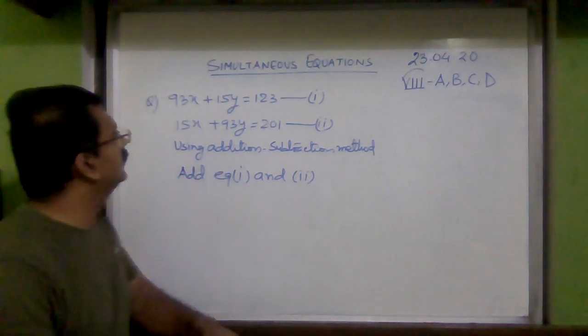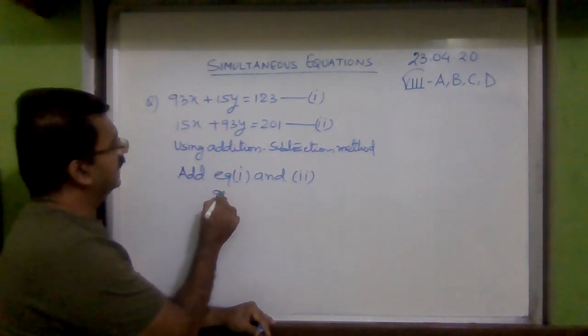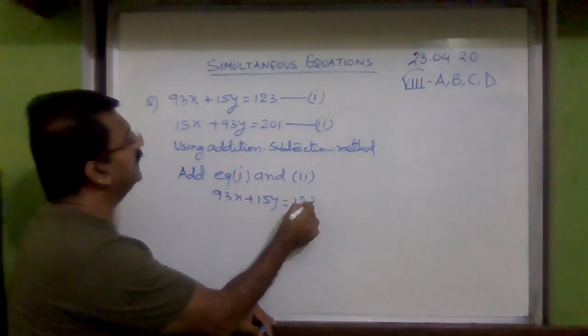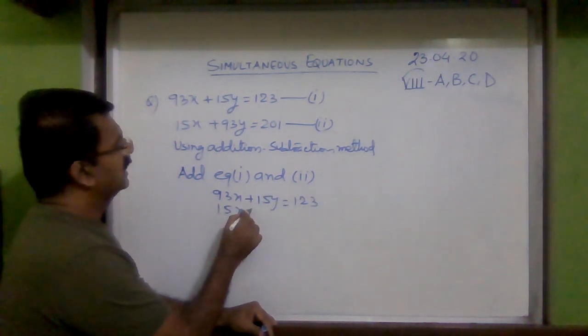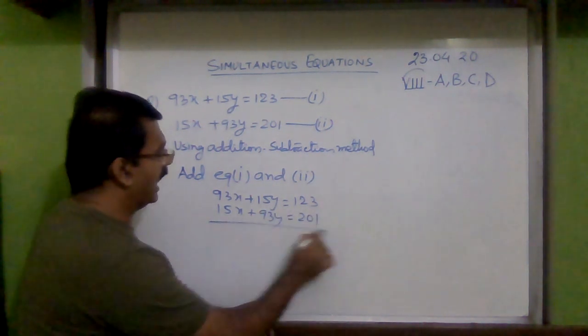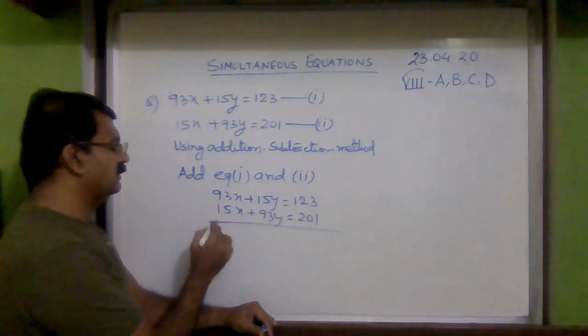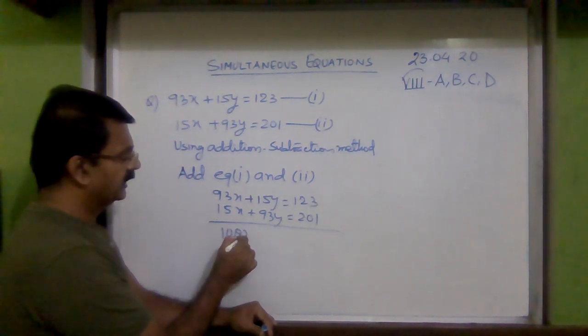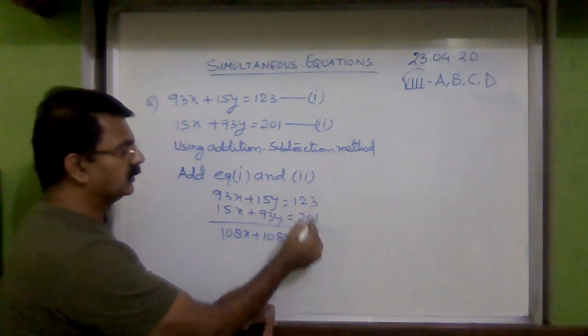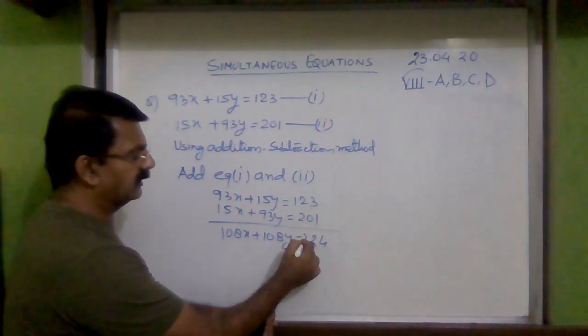When you add the two equations, 93x plus 15y is equal to 123 and 15x plus 93y is equal to 201. When you add, 93 plus 15 will be 108x plus 108y is equal to 324.